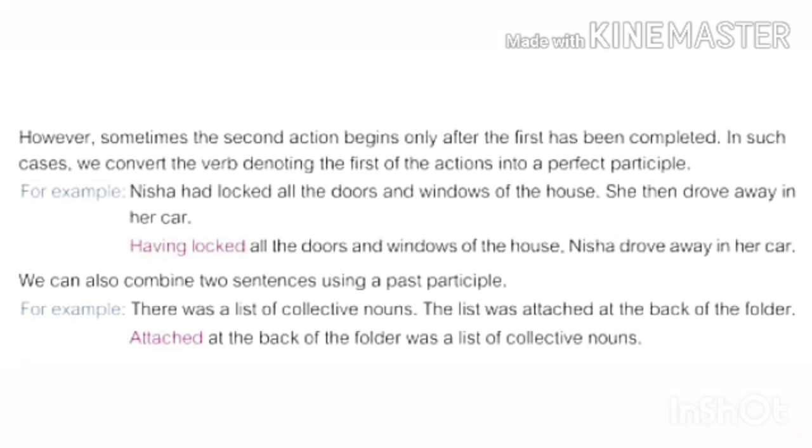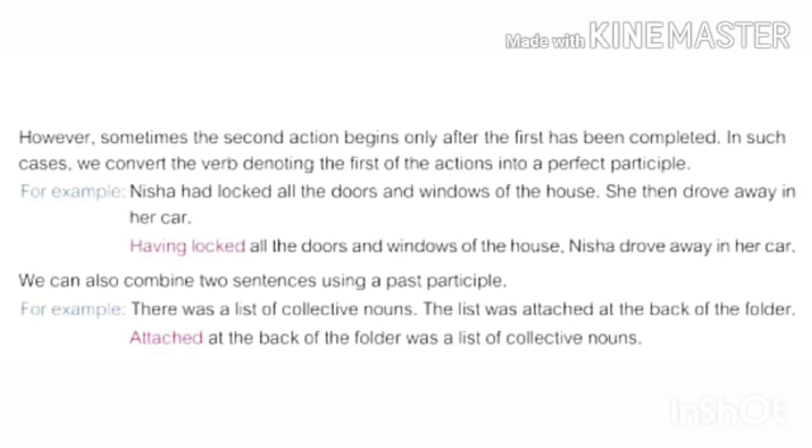Here we are given two sentences. The first example is: Nisha had locked all the doors and windows of the house. Second is: she then drove away in her car. So here after one action is done, she is doing the other action, and for that we are using the perfect participle, having plus V3. So here it is used: having locked all the doors and windows of the house.